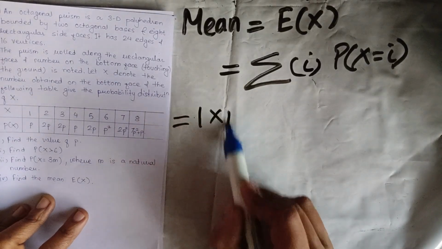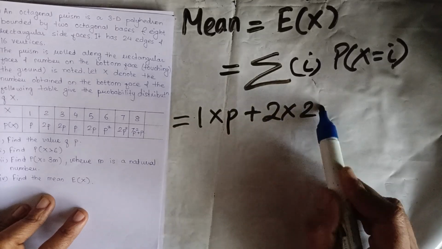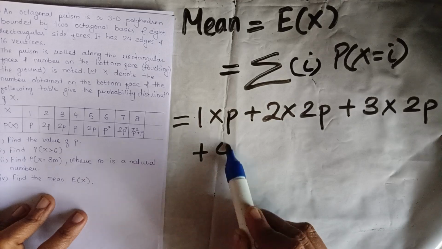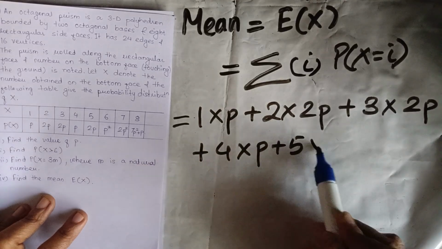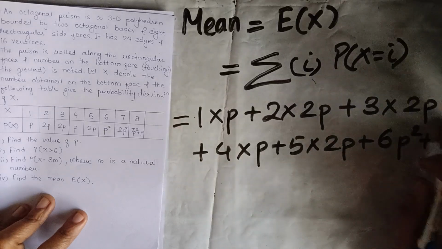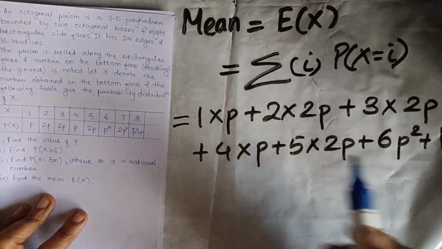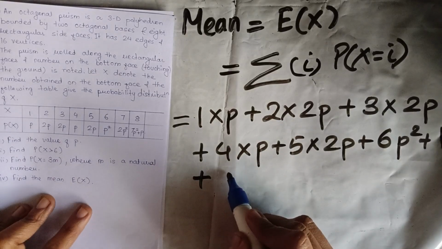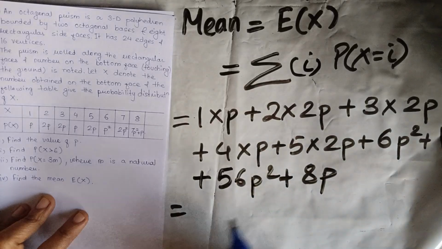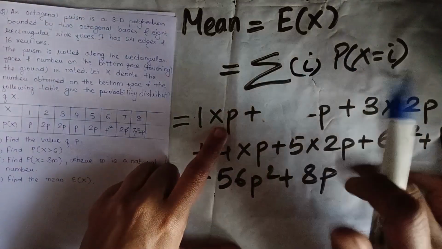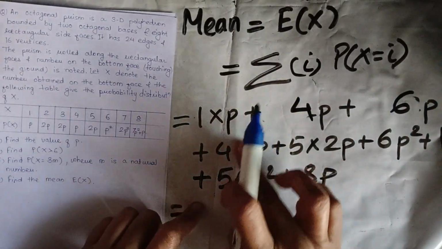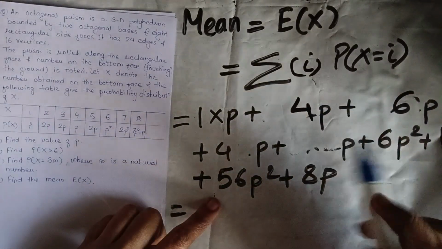So this is 1 into P plus 2 into 2P plus 3 into 2P plus 4 into P plus 5 into 2P plus 6P² plus 7 into 2P² which is 14P², plus 8P. So this is P, this is 4P, 6P, 4P, 10P.